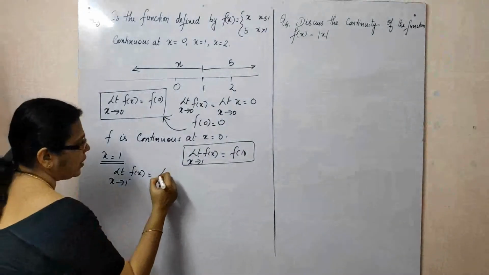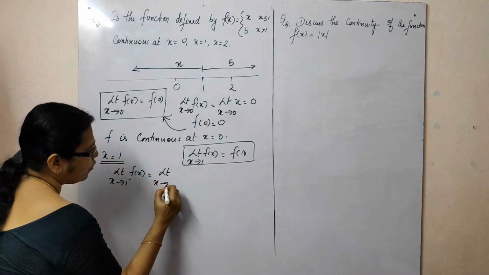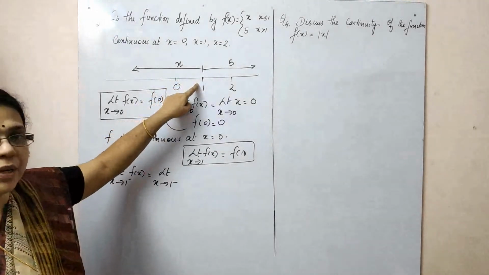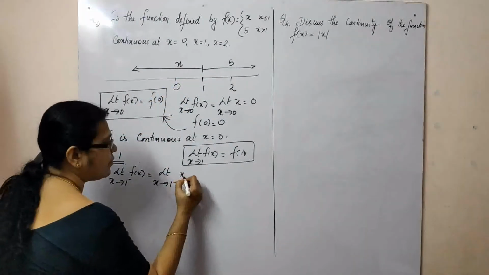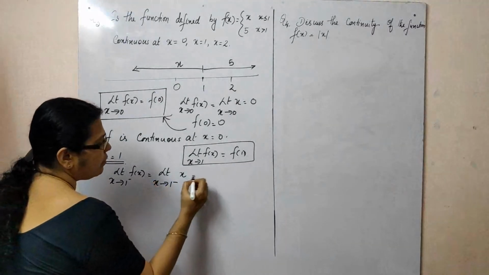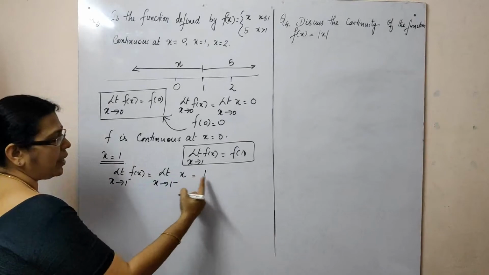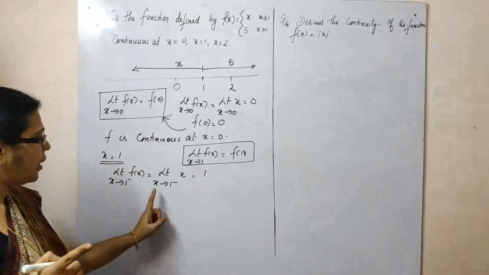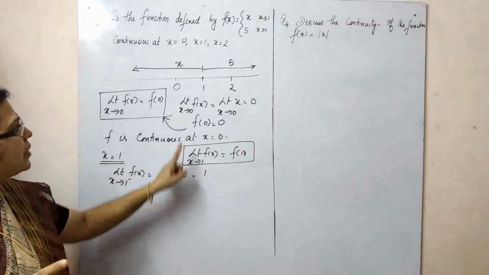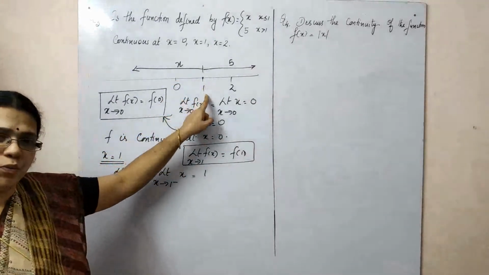Here the function's value is x. Now as x tends to 1 from the left hand side, x is coming up to 1.